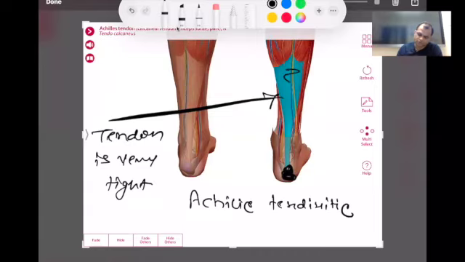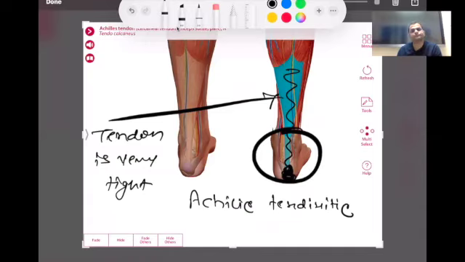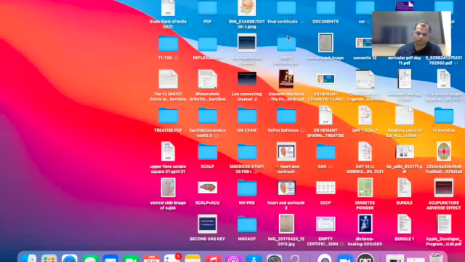So this tendon will be very tight. If you do the little bit stretching, then there will be pain in this part. So look at here. If the person is having Achilles tendinitis, which stretching is giving the pain?